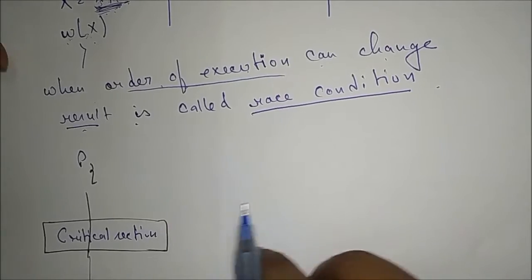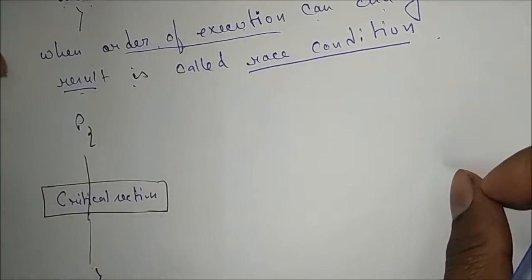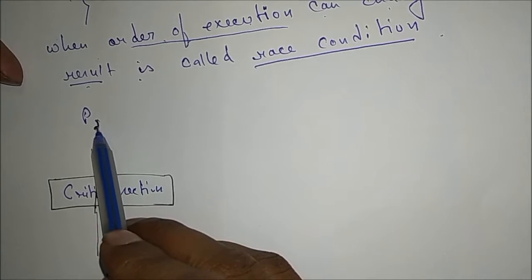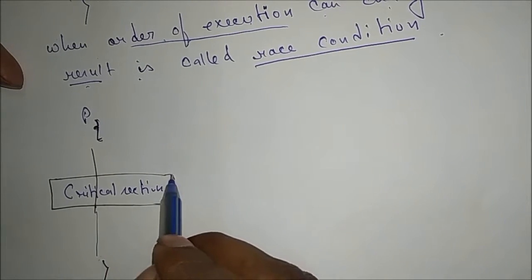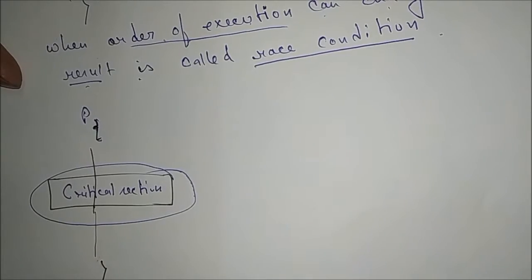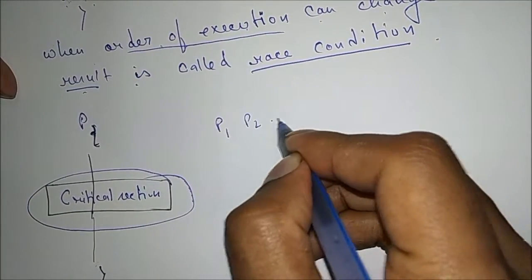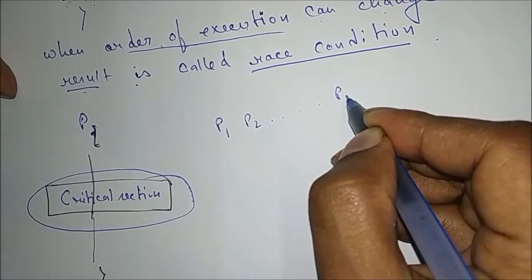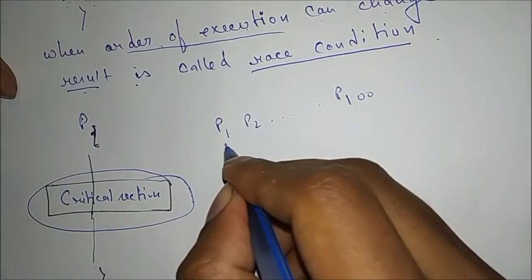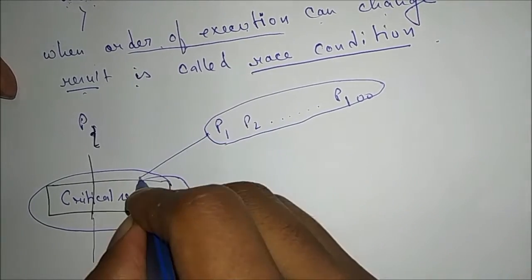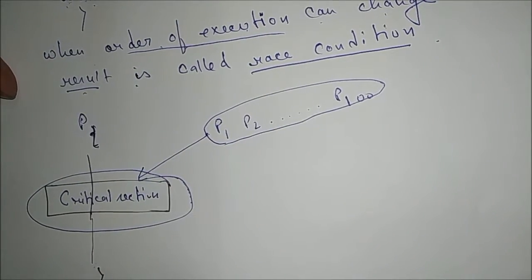Now this is another part. Understand clearly. This is one process given, and now the bracket starts, and this is the critical section. Critical section means there are processes P1, P2, up to Pn, say P100. P1 will come into the critical section.